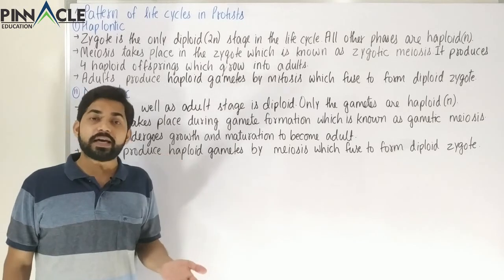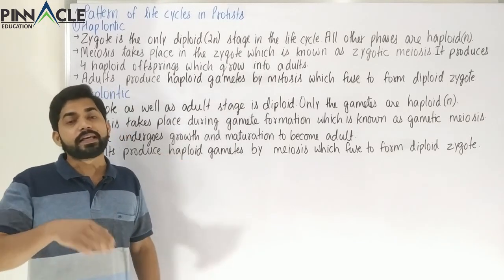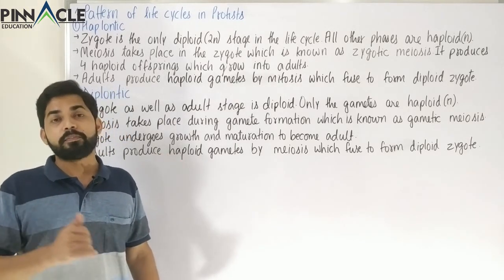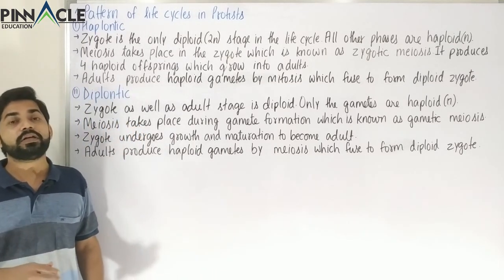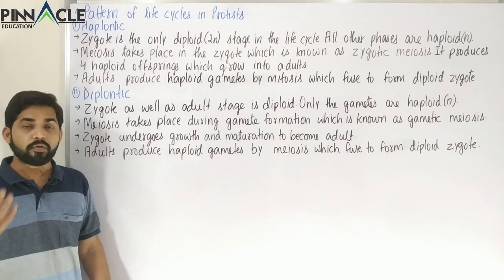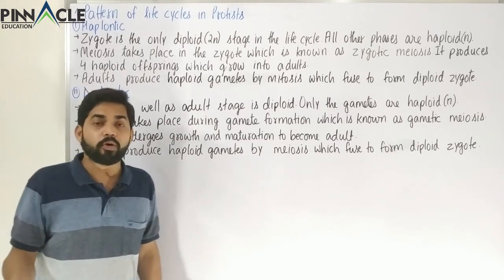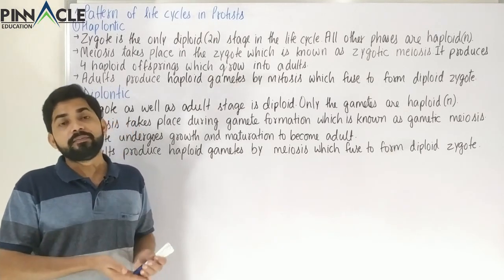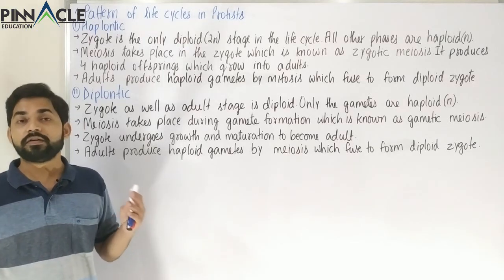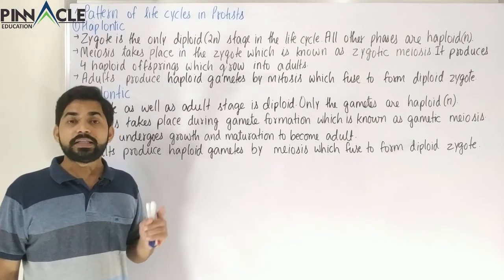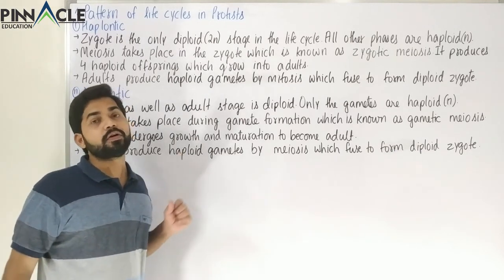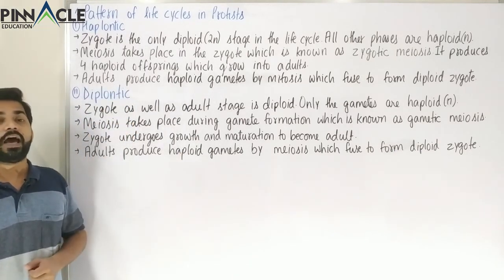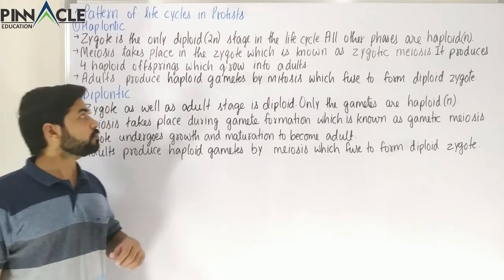Because the adults are already haploid, they cannot undergo another meiosis, and therefore they will not be able to produce more haploid spores through meiosis, but they can produce spores through mitosis. That is what occurs in the haplontic life cycle.